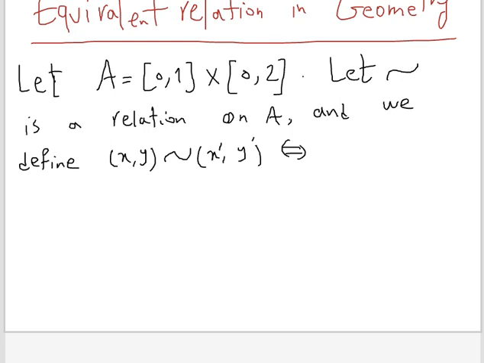I give you a picture here. This is 0, 1. And this is 0, 2.